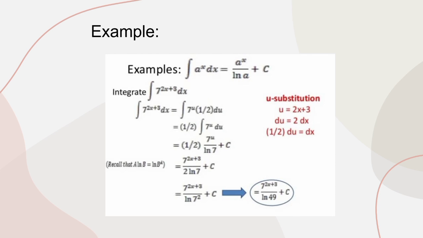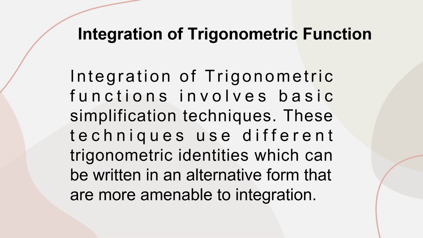So, for our last basic rule of integration, it is called integration of trigonometric functions. Integration of trigonometric functions involves basic simplification techniques. These techniques use different trigonometric identities which can be written in an alternative form that is more amenable to integration.